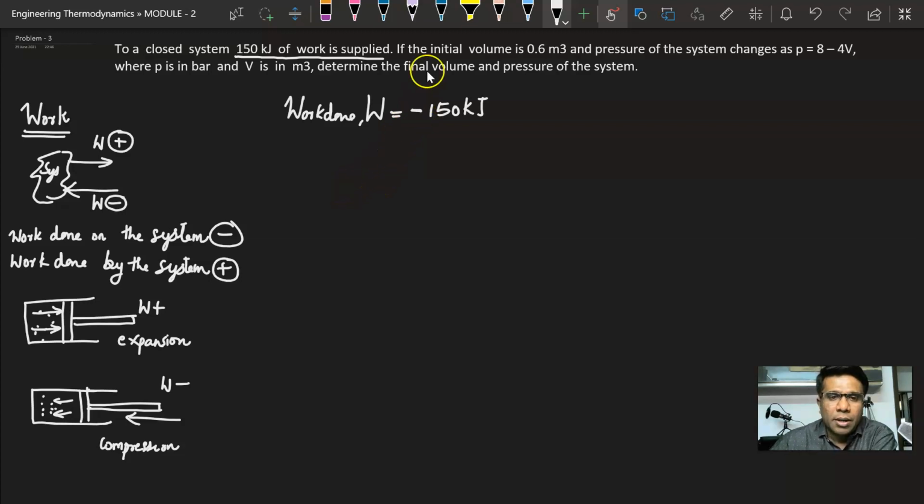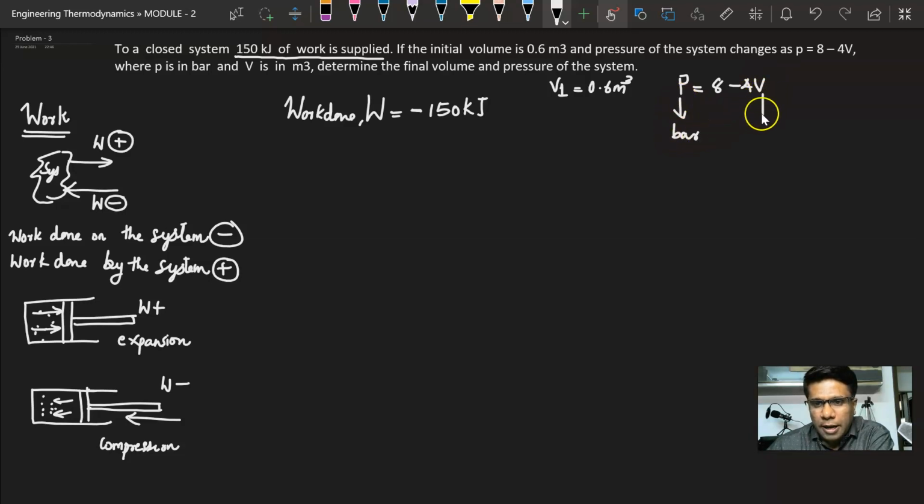Now, if the initial volume is 0.6 meter cube, that is, we are given V1, the initial volume, as 0.6 meter cube, and it is given that the pressure of the system changes by the equation P equal to 8 minus 4V, where the value of P is in bar and V is in meter cube.